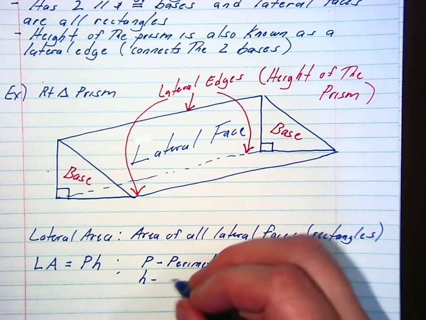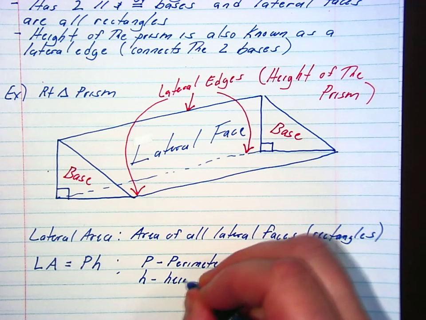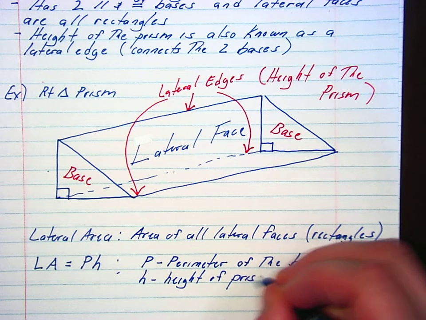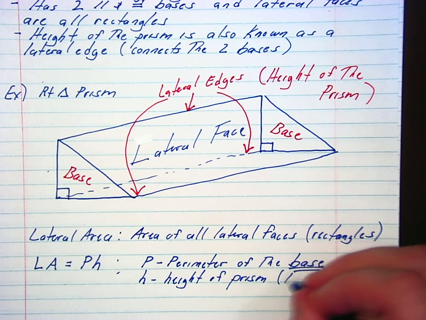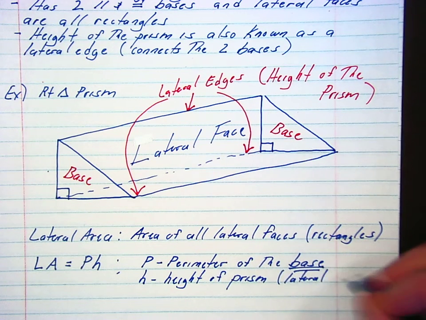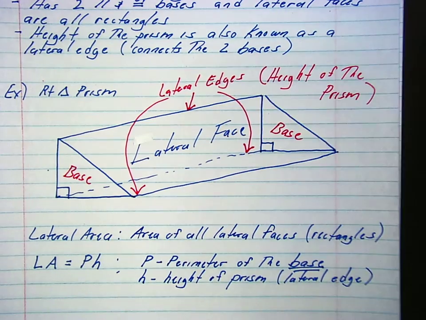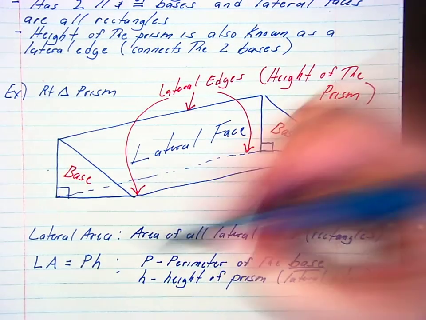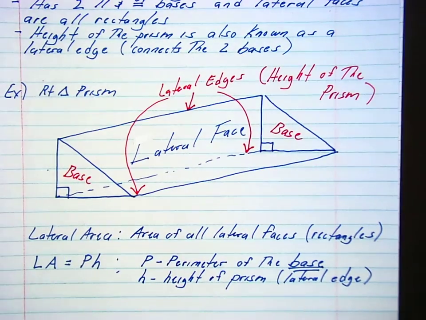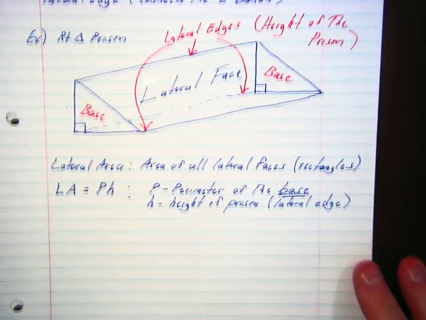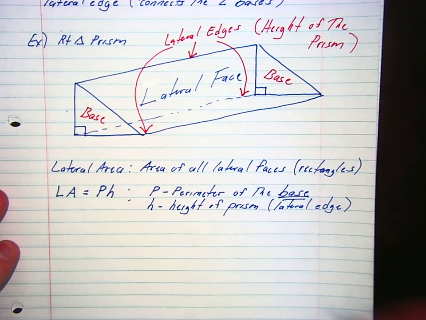It's the height of the prism, which is the lateral edge. Okay. So there's your first formula. This needs to find its way on your note card. So that'll be your lateral area. Next one.